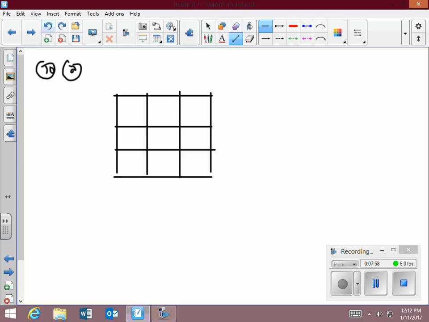You're supposed to determine if exactly 6 squares of the 3 by 3 grid can be shaded so that no 3 shaded squares line up horizontally, vertically, or diagonally.